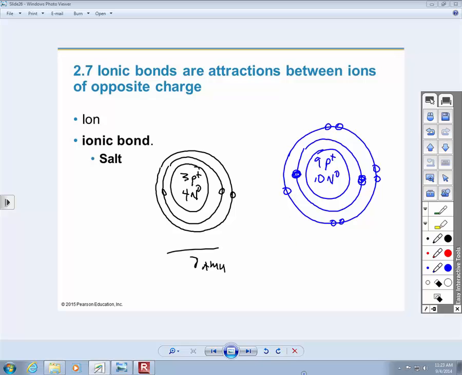Now, I've already mentioned that fluorine is the strongest electronegative element on the planet. It is so strongly electronegative that it will pull that electron off of lithium, and then that electron will completely reside with fluorine.